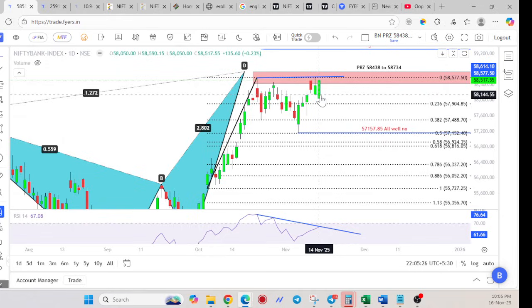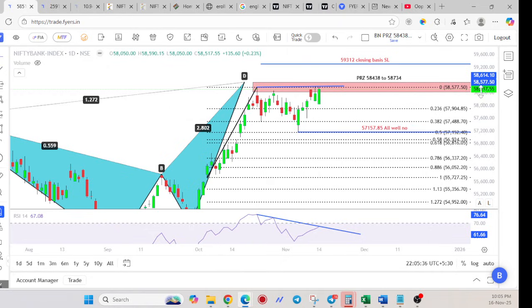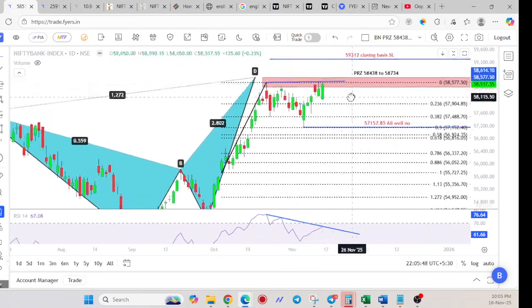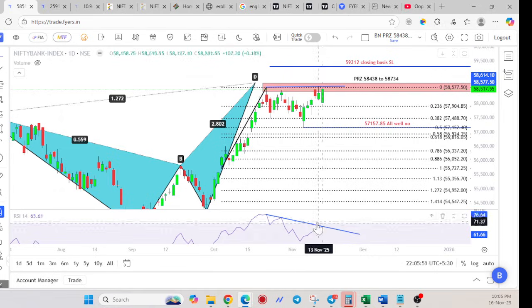Look at this top, 58,590. Triple top area. Friday we touched that and we are very close to it at 58,517 right now, and there is also a negative divergence. So Monday we need to see whether this chart is still active. With the divergence, negative divergence, you need to be a bit careful.